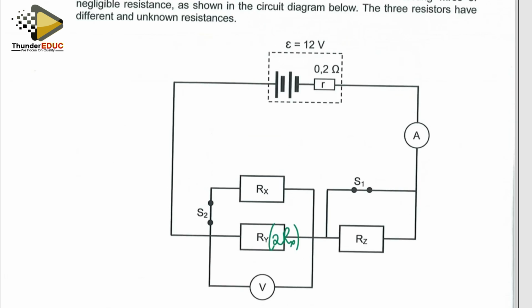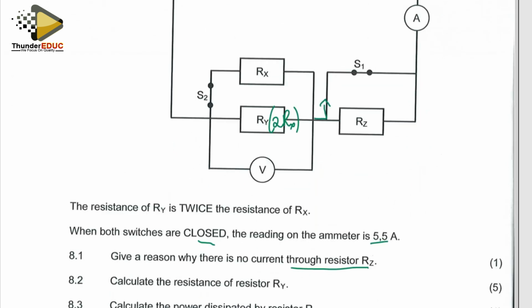So what we can notice is that for as long as there is a switch over RZ, current tends to take a route with less resistance. So current will just follow this route instead of going through this obstacle, which is the resistor. That is the reason why the current will not go through it. In other words, it's just a shortcut.